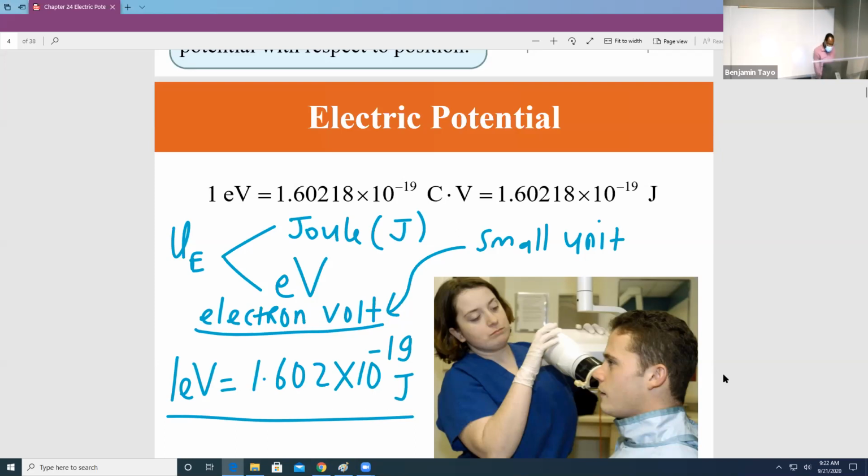Now, what is the electron volt? The electron volt simply means that if the potential difference between 2 points is equal to 1.0 volt, and my test charge is the charge of an electron, which is 1.602 times 10 to the negative 19 coulombs, so if an electron moves between point A and point B, and the potential difference between point A and point B is 1.0 volt, then the electron is going to gain an energy given by the charge of the electron times VAB.